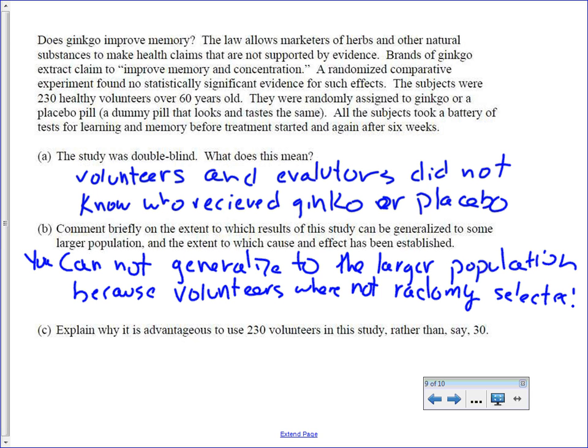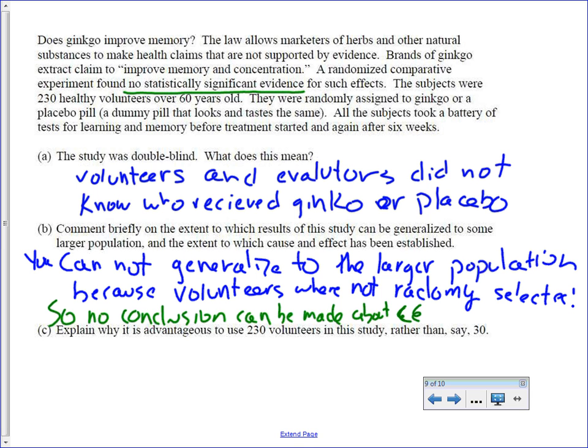Now, because it was an experiment, cause and effect would have been proved if we had received statistically significant evidence, but there was no statistically significant evidence, so no conclusion can be made about cause and effect because of lack of evidence.